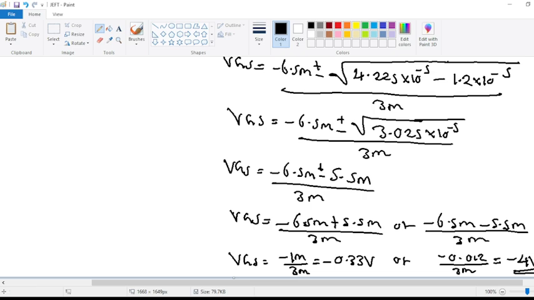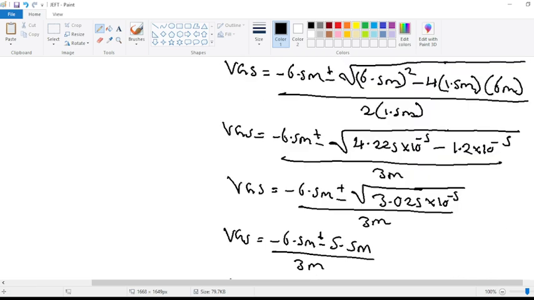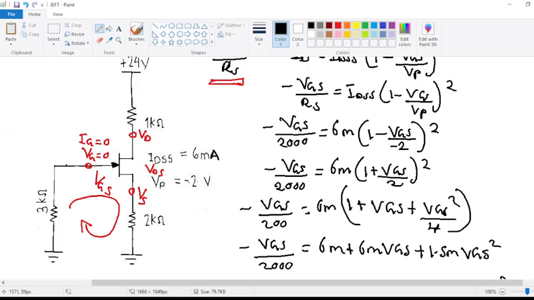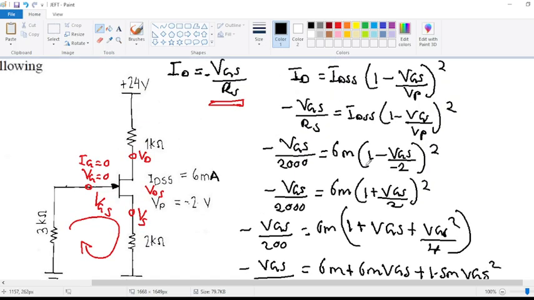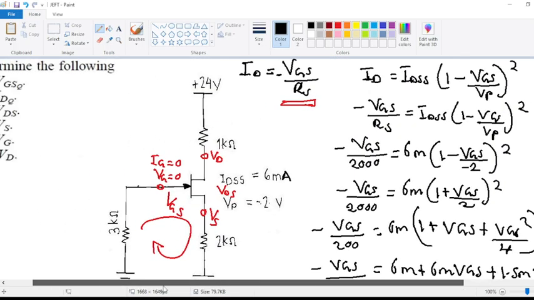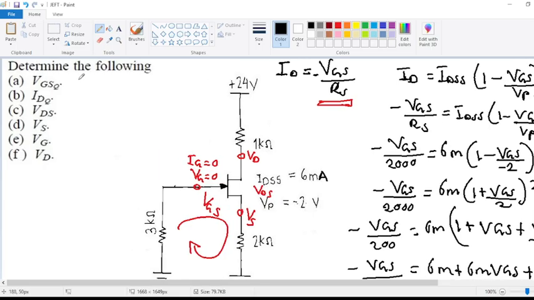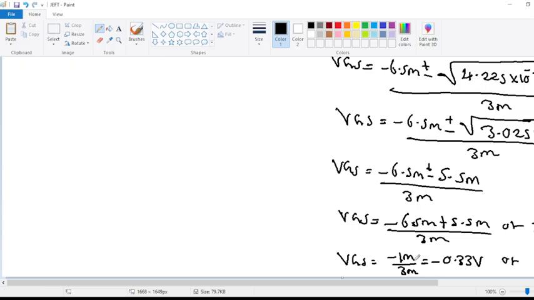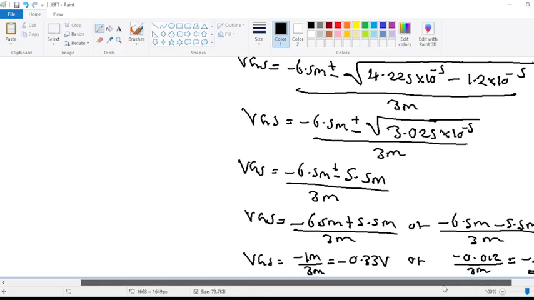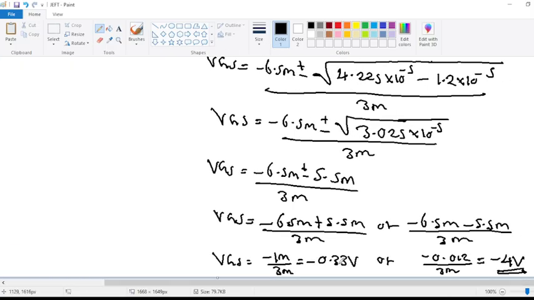So these become our two answers for the VGS: negative 0.33 volts or negative 4 volts.